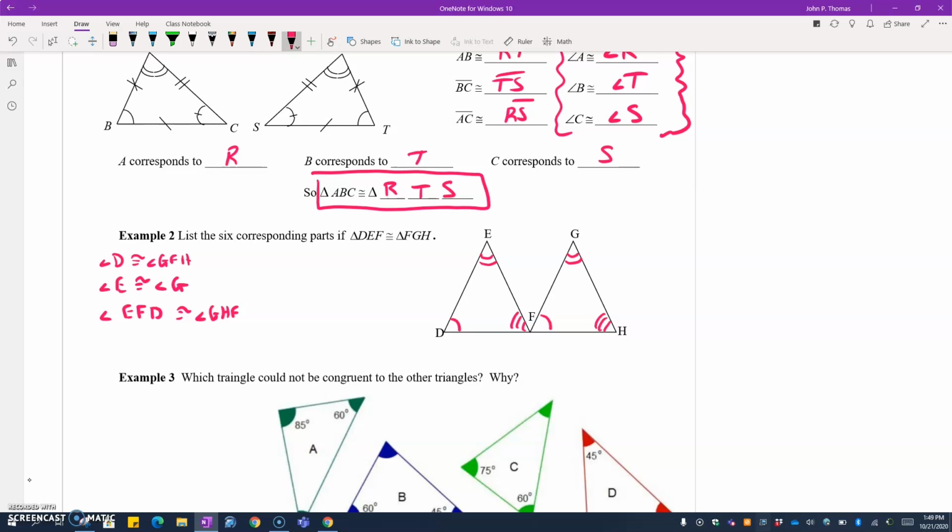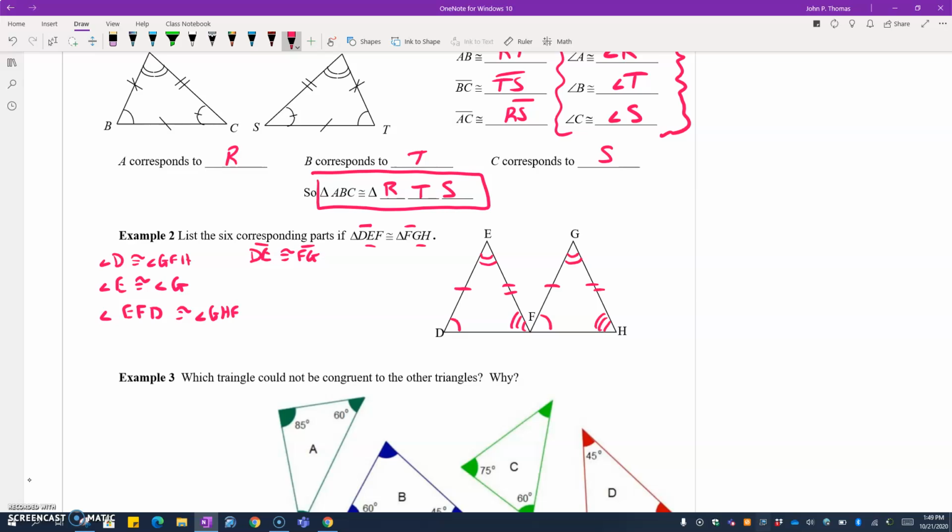Then I'm going to go through my sides. I can use the labels to do that. DE and FG are congruent, because they're the first piece in each. Then I can go to EF and GH.